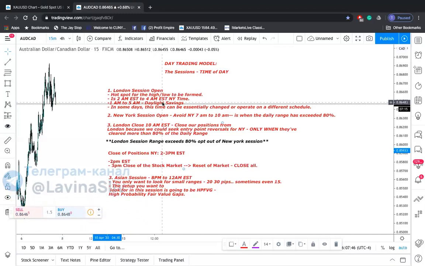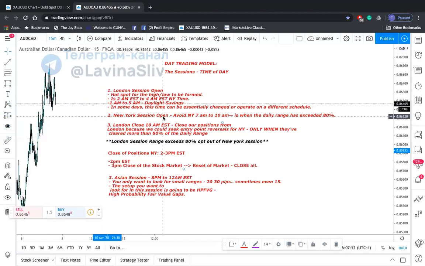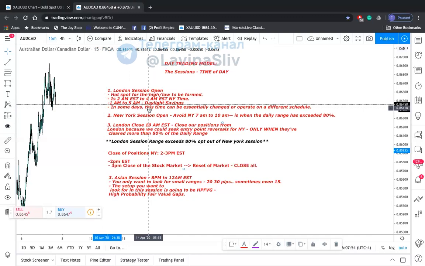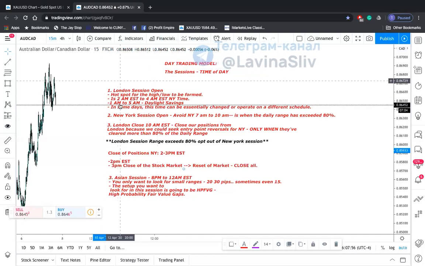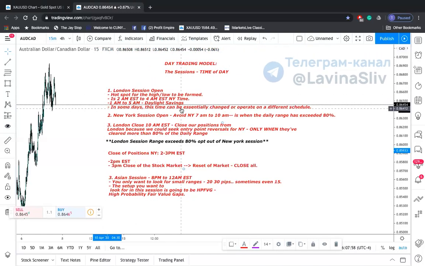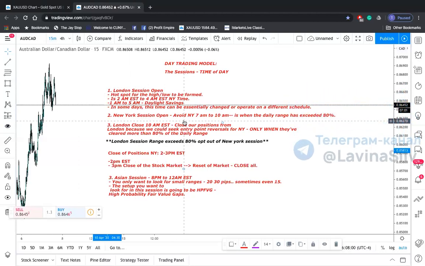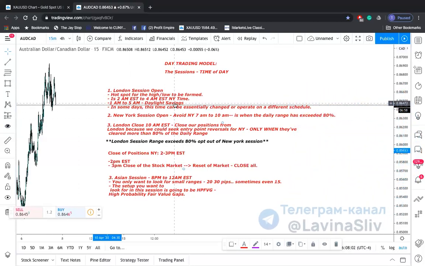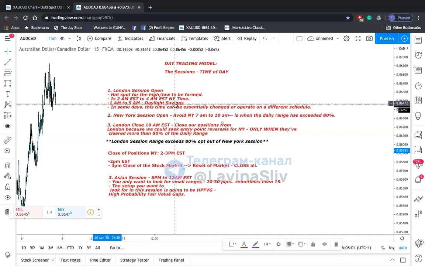We all know that we go to forexfactory.com to see where all news events are going to be taking place. Most of the daily range is going to be taken up mainly in London session, but sometimes you're going to have it where they consolidate London from 2 a.m. to 4 a.m. and then heading into New York, you're going to see some expansion out of that consolidation.